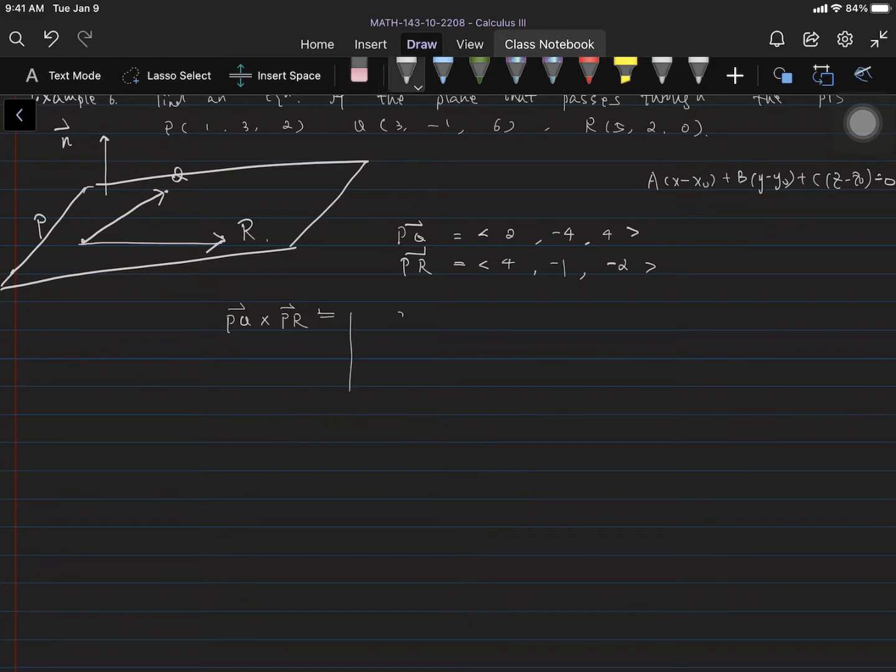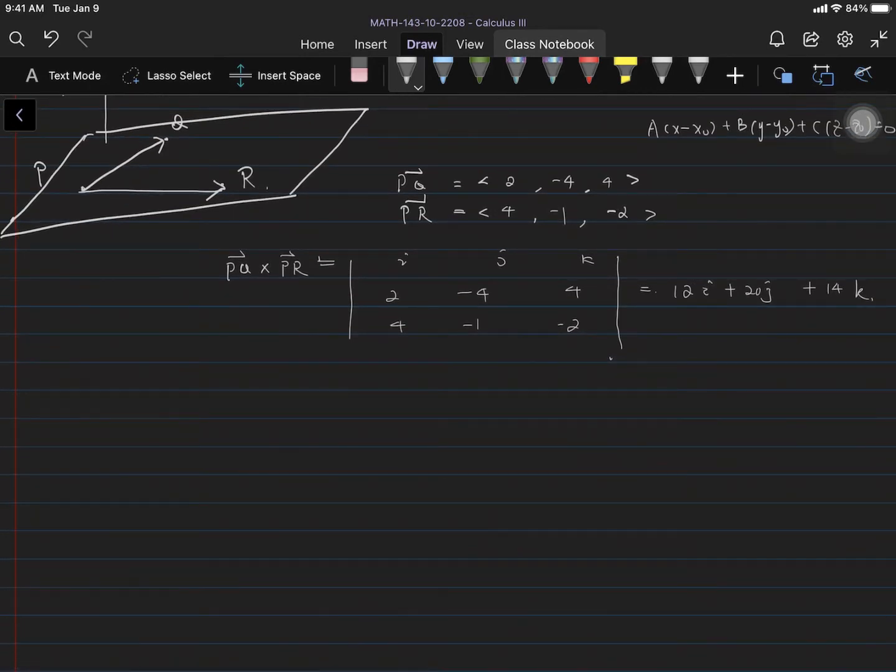So i, j, k, with 2, negative 4, 4. That's the calculation of the cross product, and it equals 12i plus 20j plus 14k. This is our normal vector, so we can write it as 12, 20, 14.